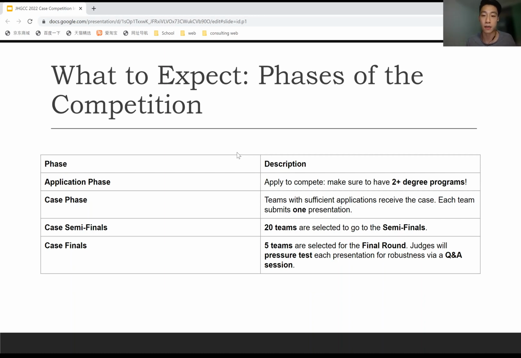For the case phase, accepted teams will receive the case and data, and they are expected to submit one presentation with a recording. Then in the case semifinals, 20 teams will be selected, and 5 teams will advance to the next round. In the case finals, you will be presenting the same presentation. You can incorporate the feedback from the morning session, and then the judges will pressure test their answers through a Q&A session.